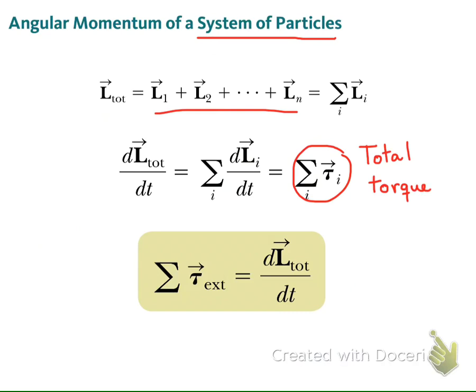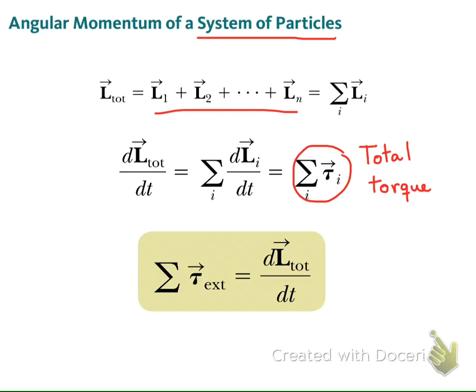The total torque on the system is a summation of the torque on each particle. So we have this relation that the total torque on the system is equal to the rate of change of the total angular momentum of the system.